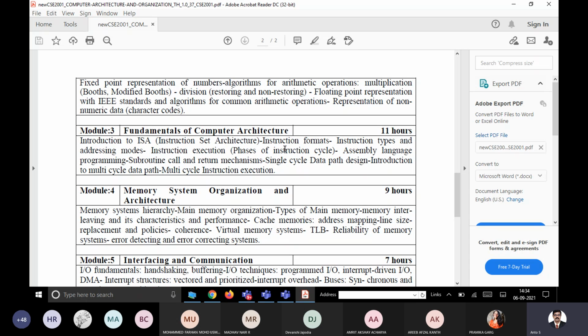The entire control will go to the subprogram. Once it encounters the return statement, it will come back to the main program and it will continue. How will it continue? From the next instruction from which it left, using the program counter. Program counter will have the address of the next instruction. So this is about the portion to be covered.